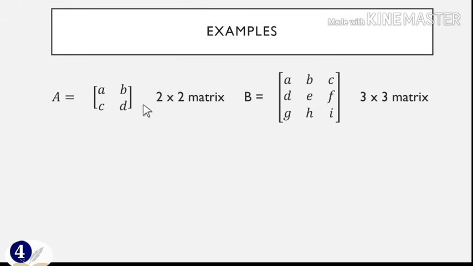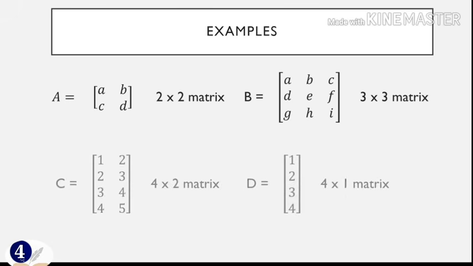So this expression of letters is a 2 by 2 matrix: two rows and two columns. In the second example, we have this kind of expression, so here we have rows 1, 2, 3 and columns 1, 2, 3, so this expression is a 3 by 3 matrix.